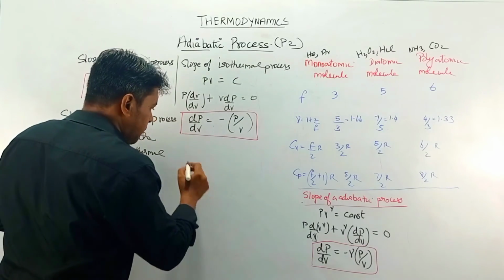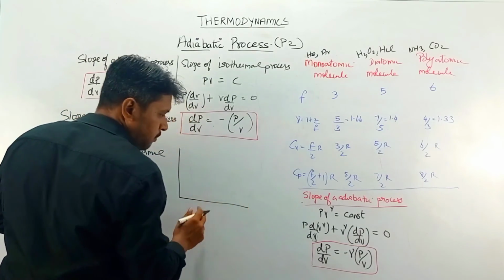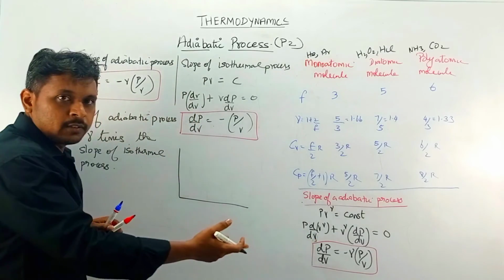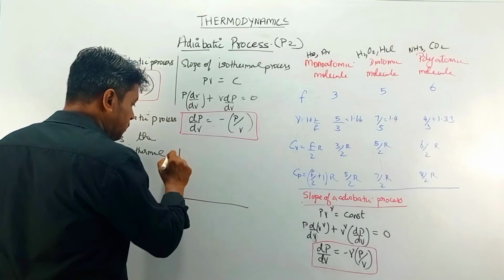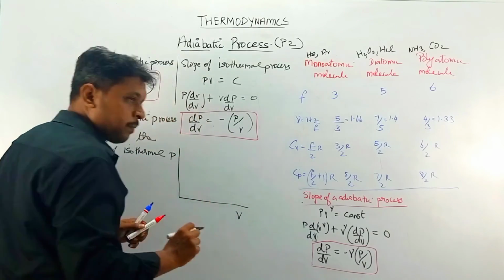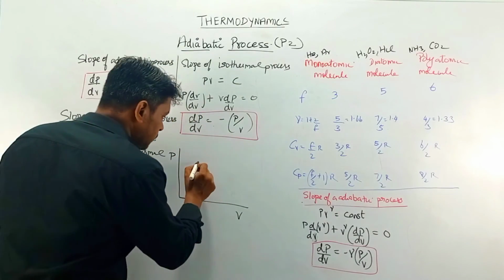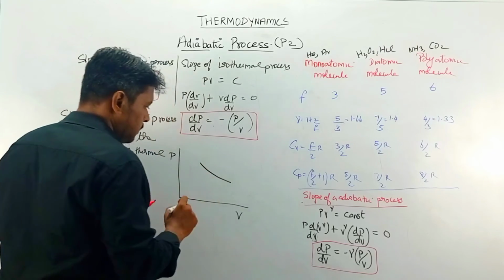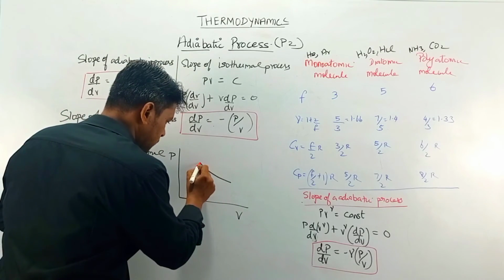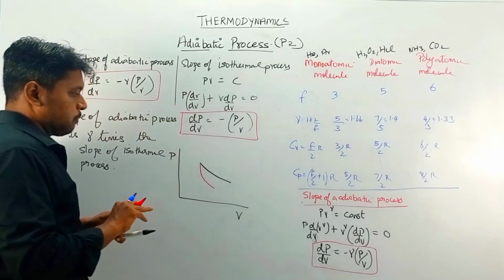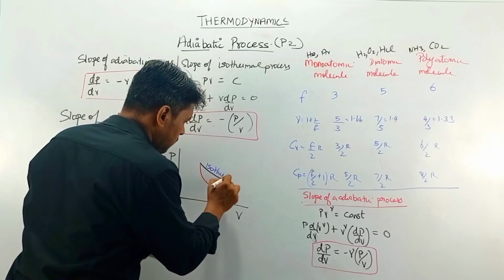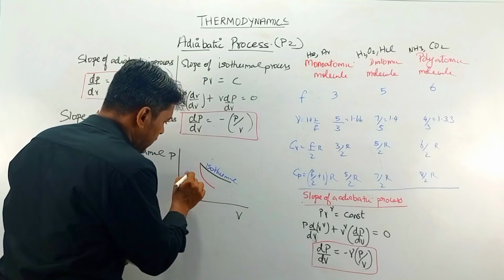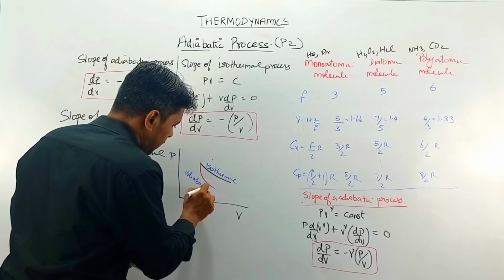When you represent this in a PV diagram, because slope means the change of pressure with respect to change of volume, you get this graph, with the isothermal and the adiabatic curves.